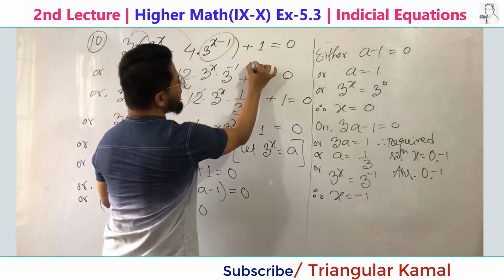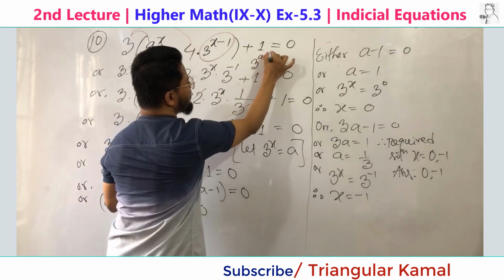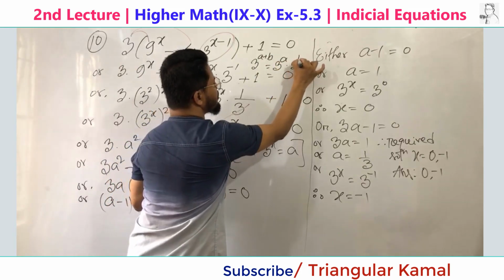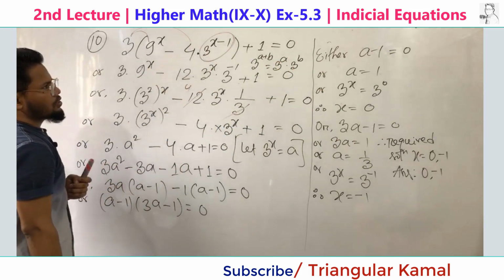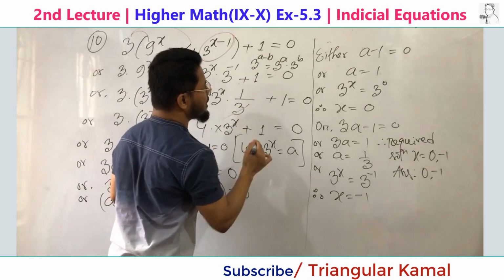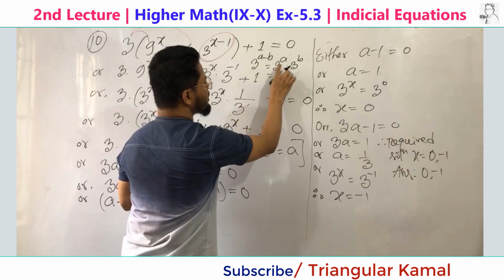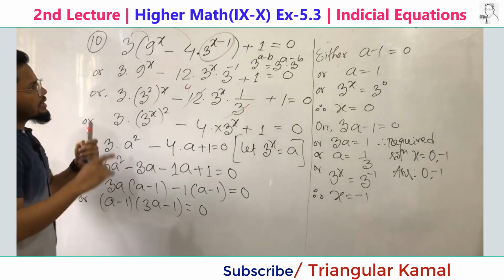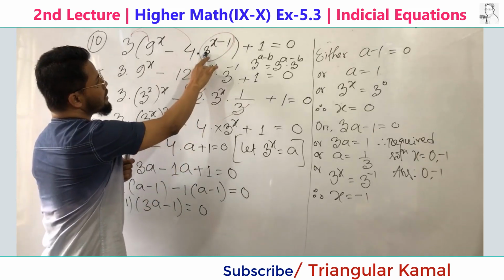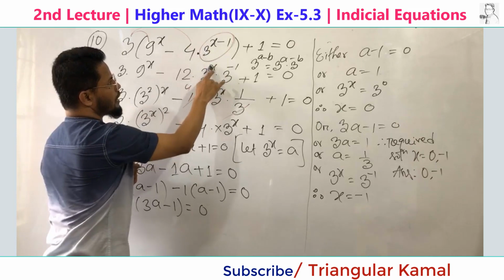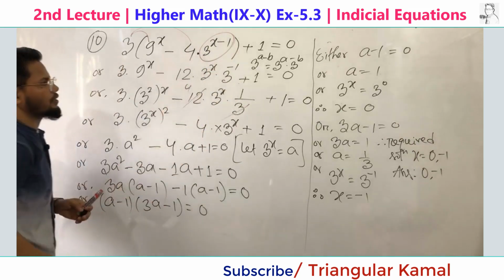If we write here 3 to the power a plus b, what will be here? 3 to the power a and 3 to the power b. So similarly, if it's 3 to the power a minus b, where a is a positive number, it is 3 to the power a and 3 to the power minus b. Similarly, we wrote here 3 to the power x and 3 to the power minus 1.